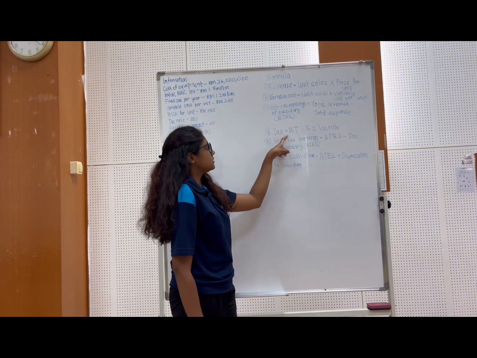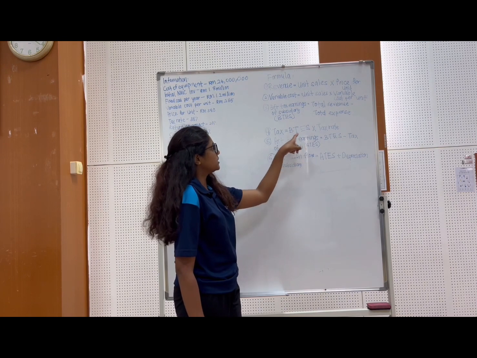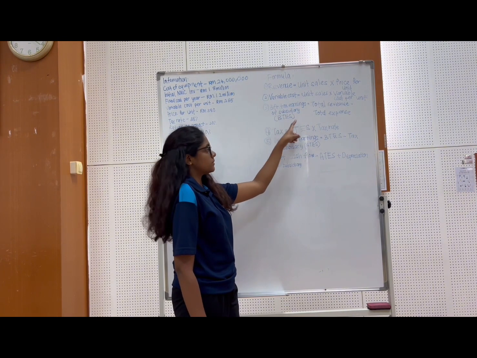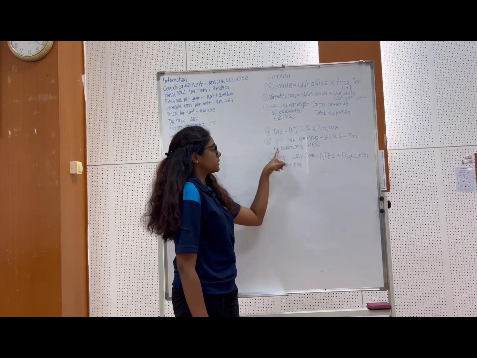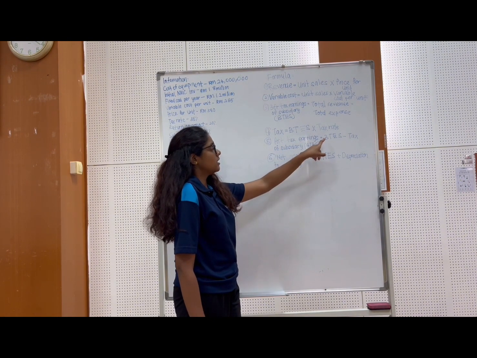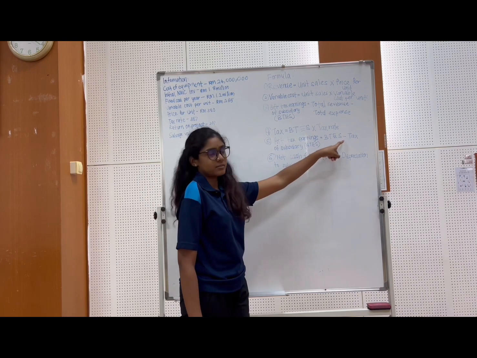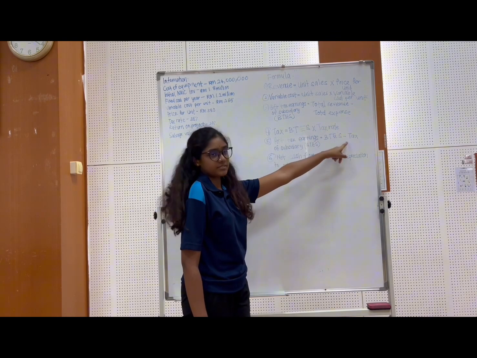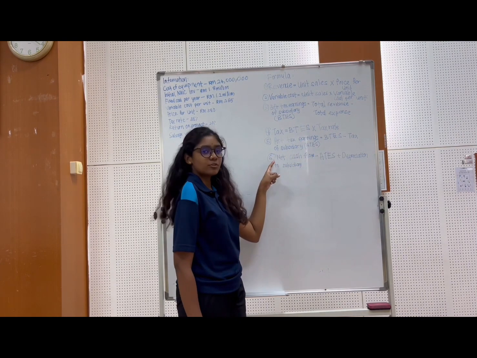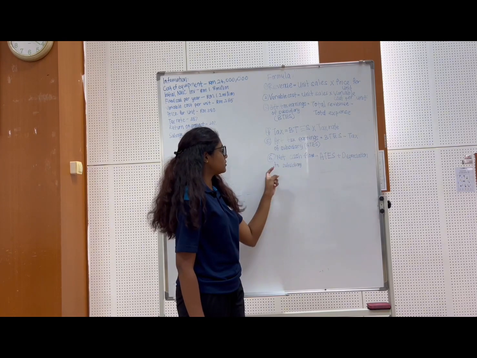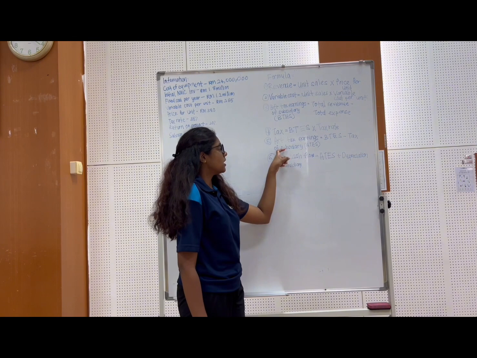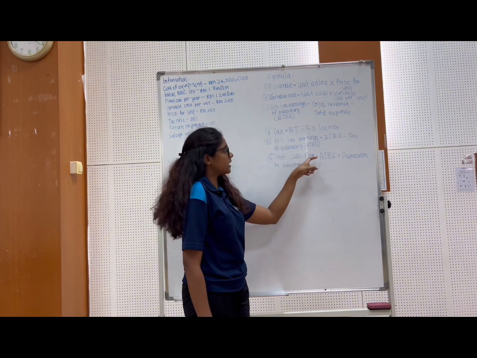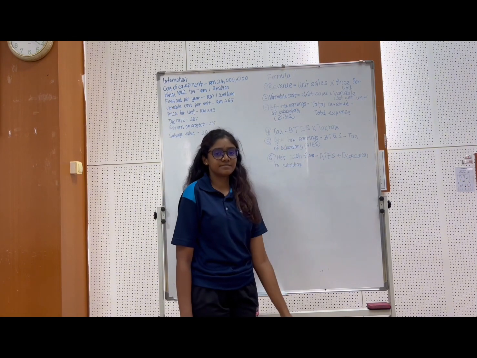And then tax. To find tax, BTES, which is before tax earnings of subsidiary, times tax rate. After tax earnings of subsidiary, ATES, equals BTES, which we now know, minus tax, followed by net cash flow to subsidiary equals ATES, which is after tax earnings of subsidiary, plus depreciation.